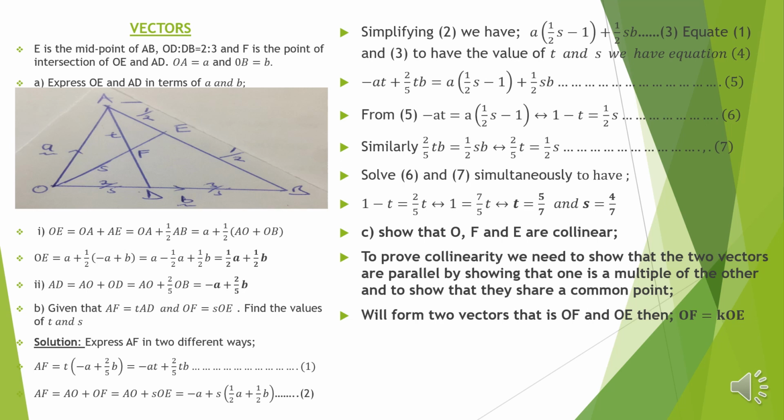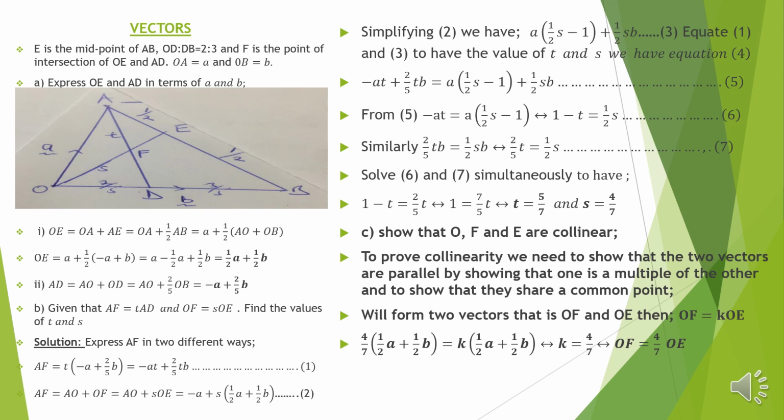Now let's move on. We'll form two vectors, that is OF and OE. Then we'll show that OF equals KOE. That means OF is a multiple of OE by a factor K. So we proceed to find the value of K by substituting in vector OF and also vector OE. By doing that and simplifying, we end up with K being 4 over 7, implying that we can now write OF equals 4 over 7 OE.